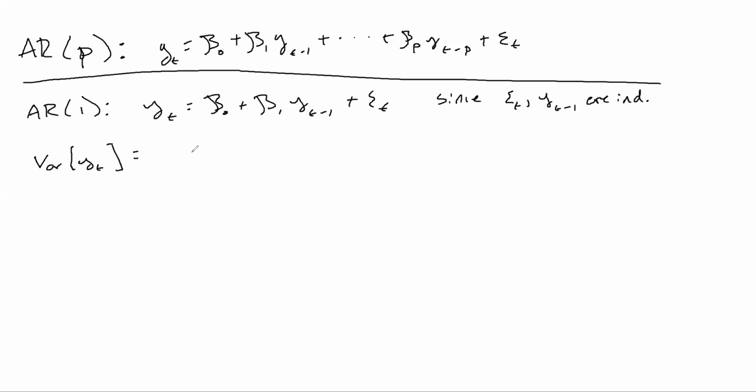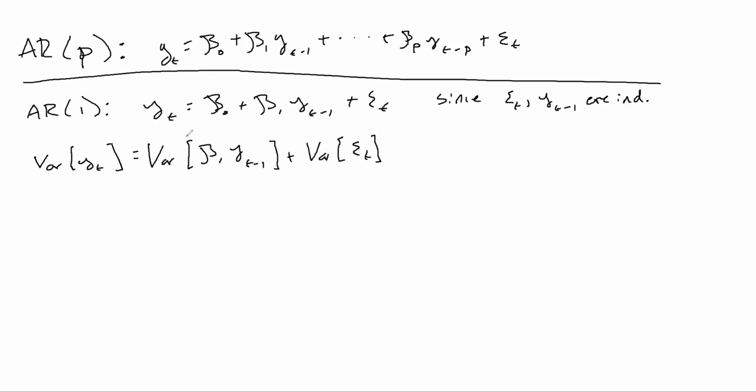Since the variance of a constant, the variance of beta 0, would just be 0, it doesn't change. So now we would have the variance of beta 1 times Y_{t-1} plus the variance of epsilon_t, which is our error term. Remember, the variance of a constant is just 0.